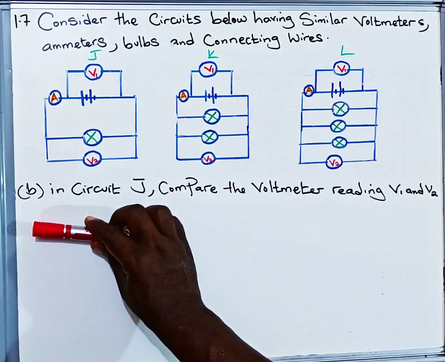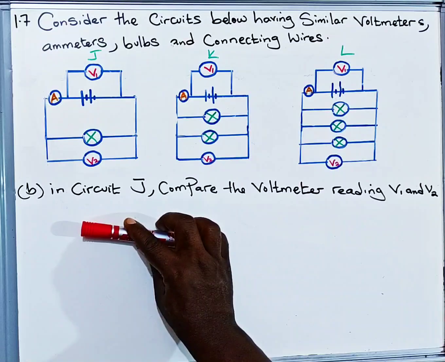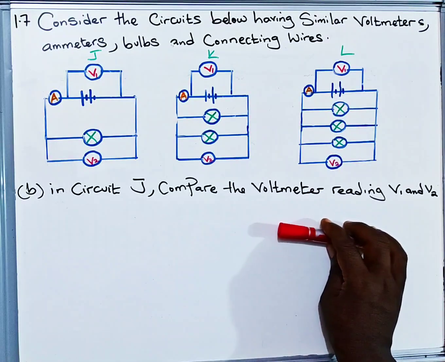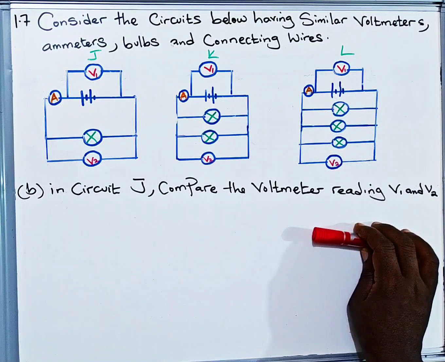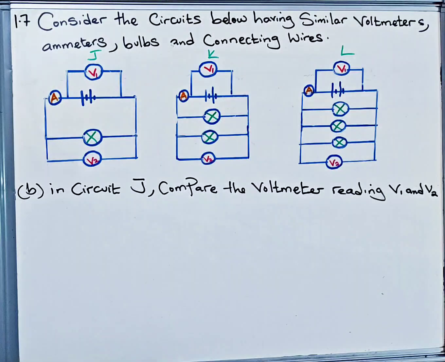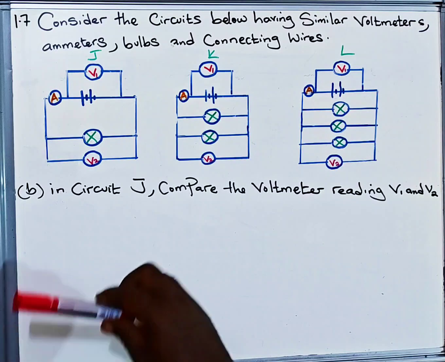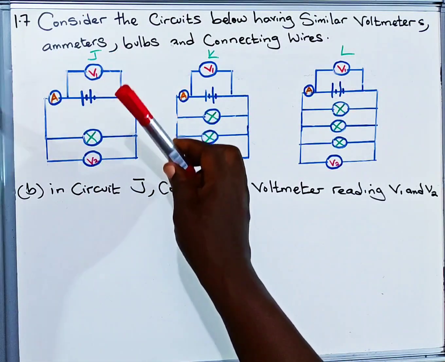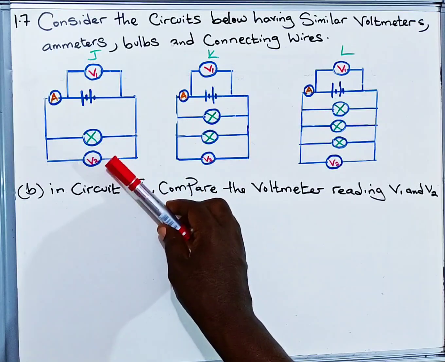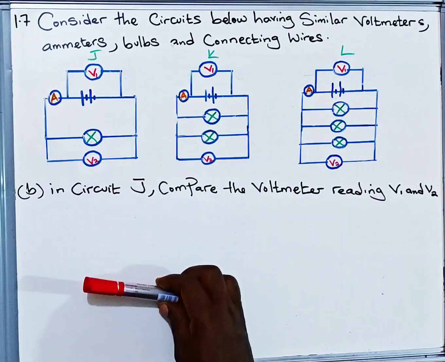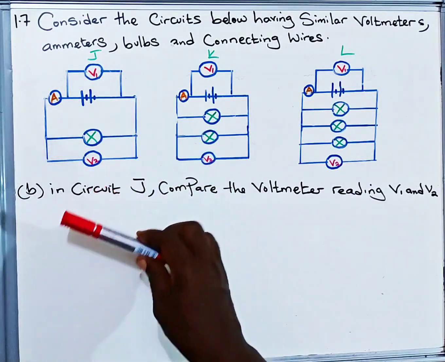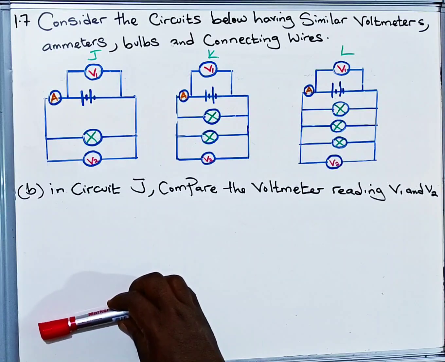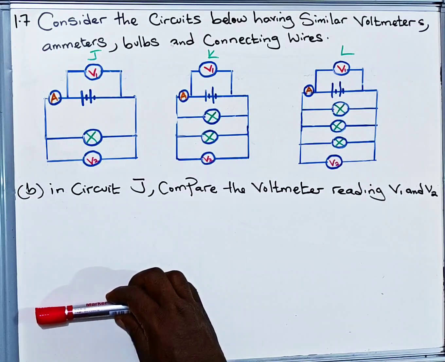It says that in circuit J, compare the voltmeter readings V1 and V2. How do you compare? This is V1 and this is V2 on circuit J. How do you compare their values? The answer is they are the same.